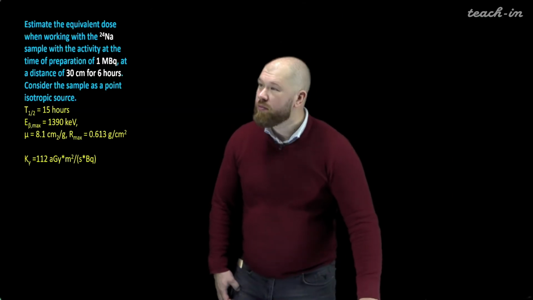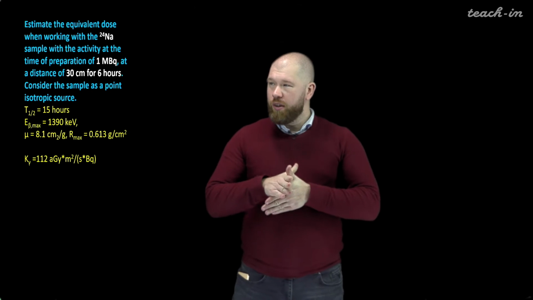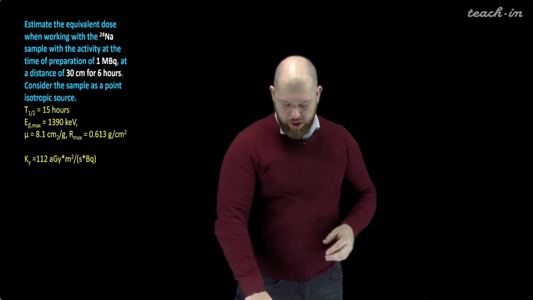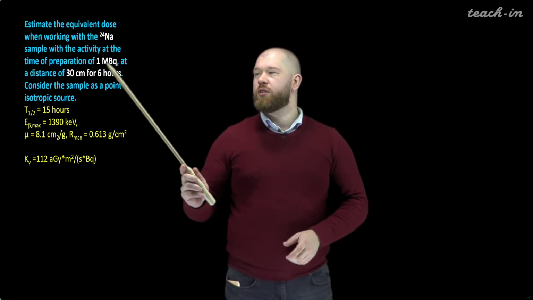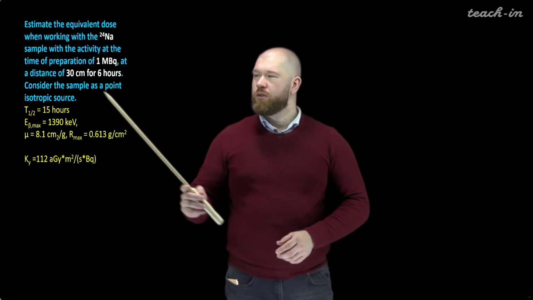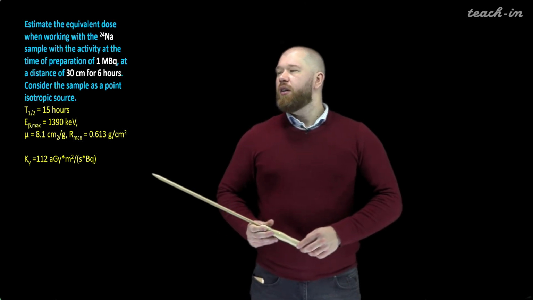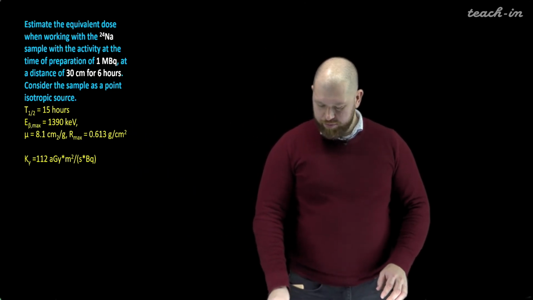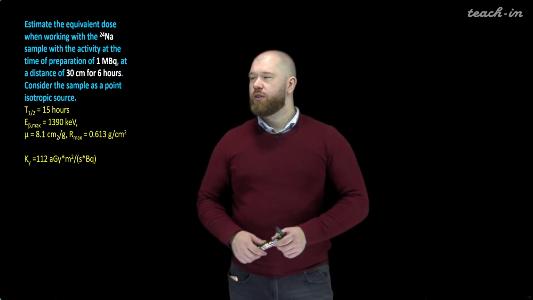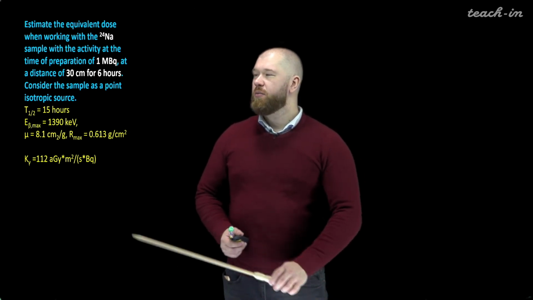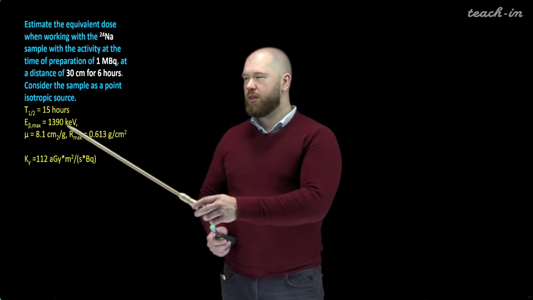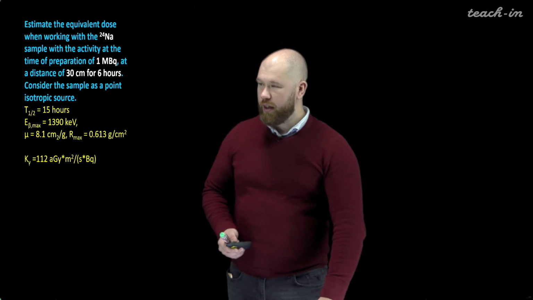The next task. Estimate the equivalent dose during the working operations with the ionizing radiation source of sodium-24 with the known activity at certain distance and time. What is the problem with this source? Sodium-24 is not only a gamma emitter, but it also emits beta particles with high energy.